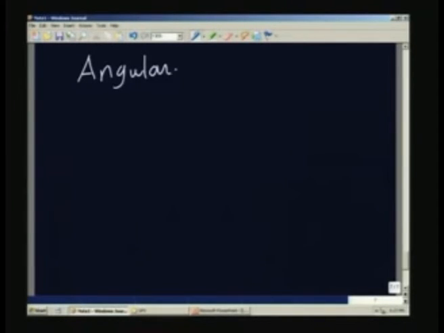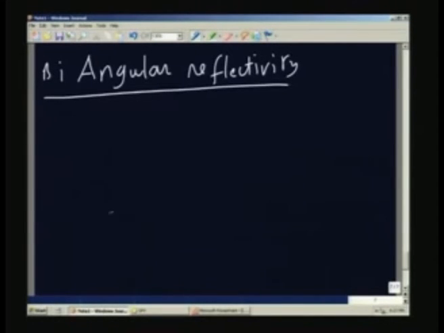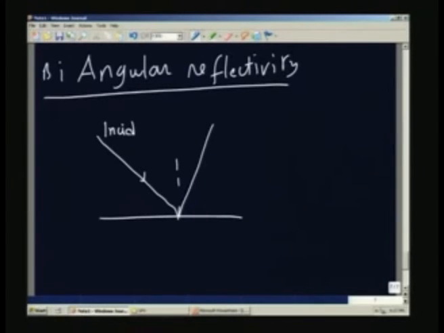Angular reflectivity is also called the biangular reflectivity. If you remember, for any surface, if the radiation is coming in a particular direction, it will reflect in all directions. If you draw the normal here, this is the incident, this is the reflected.